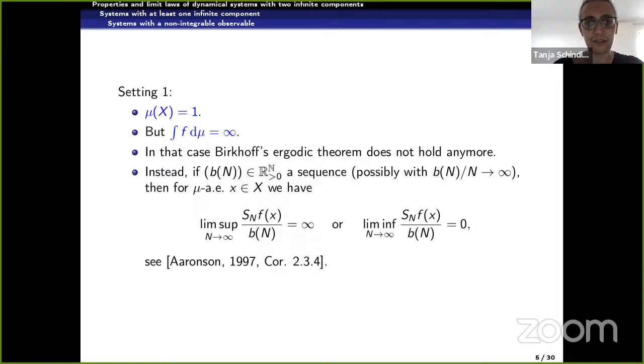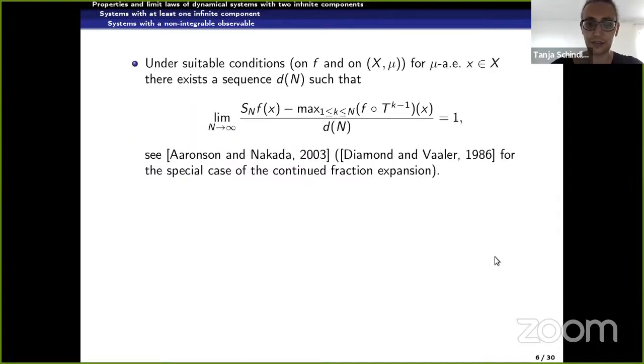And by a theorem by Aaronson, we have that if we look at this Birkhoff sum and divide it by a norming sequence, then almost surely infinitely often we either underestimate or overestimate the sum by this norming constant, which doesn't depend on x.